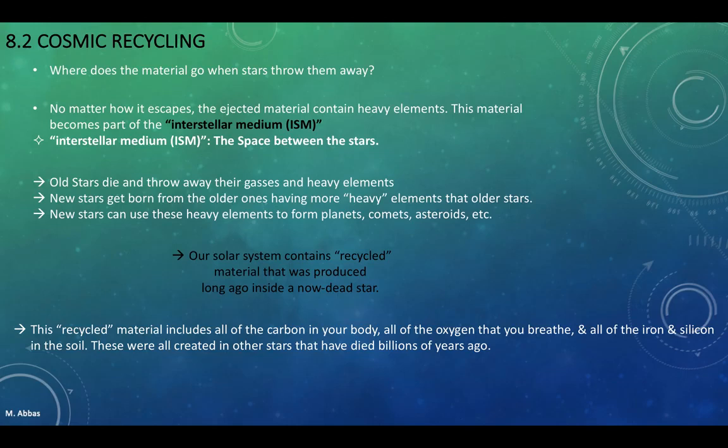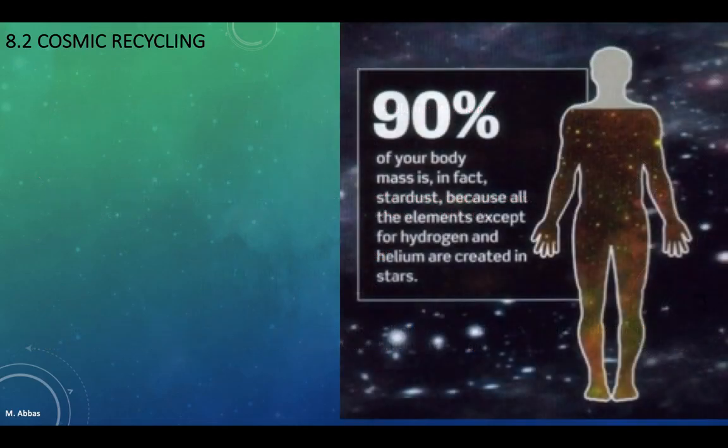Another example: the distances between planets in our solar system are not called the interstellar medium, they are called the interplanetary medium. It is the space or the medium between the planets. This is only a name that we give for the spaces between the stars, and you are responsible for it.